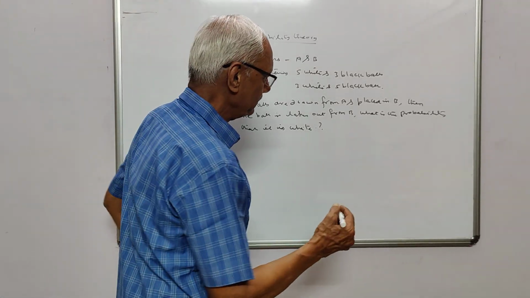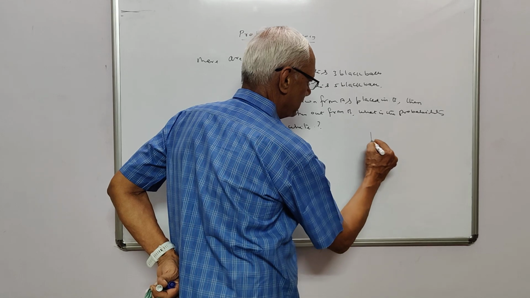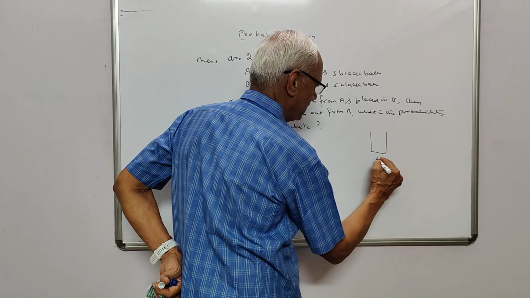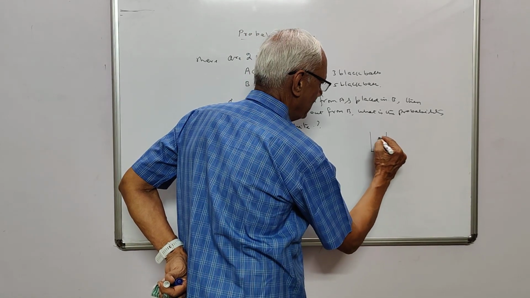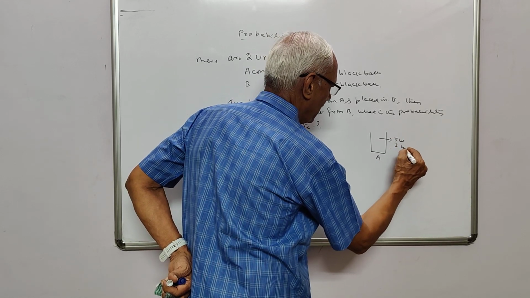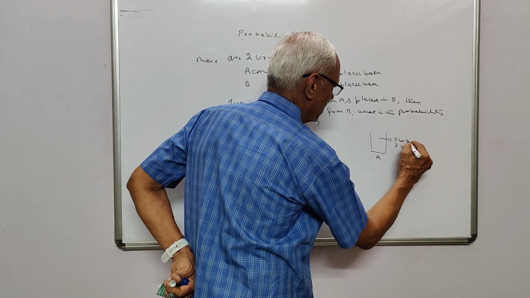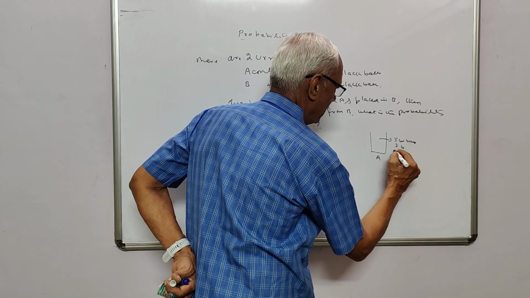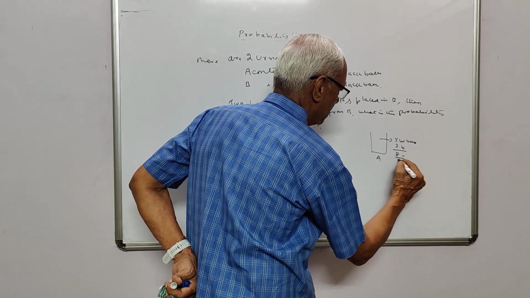Here you have this is your A, and here you have 5 white and 3 black balls, and these are 8 balls.